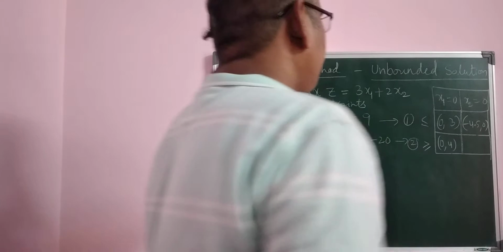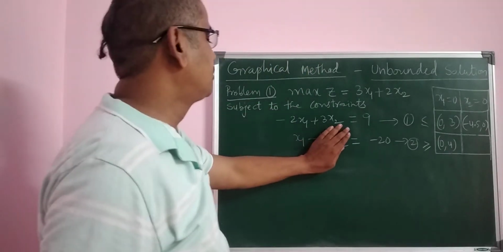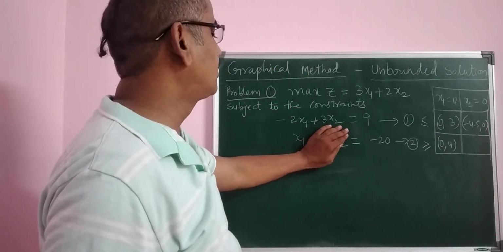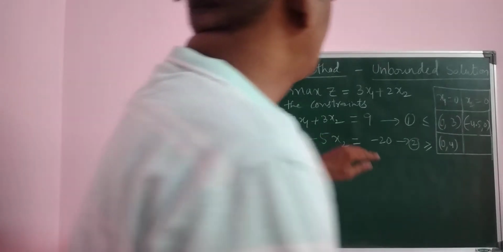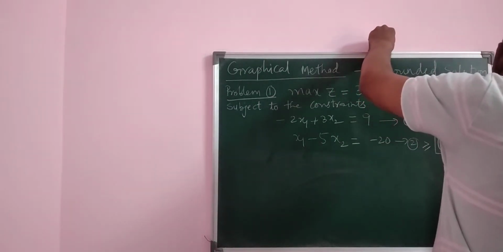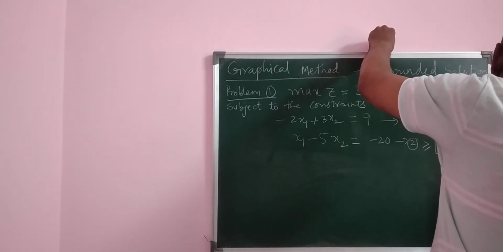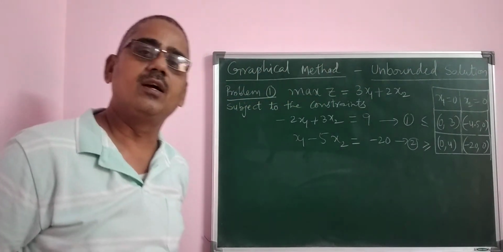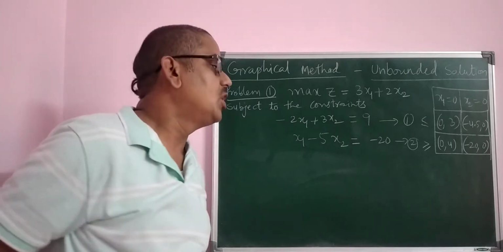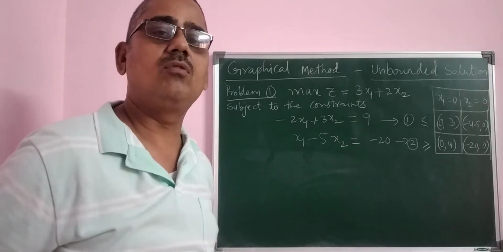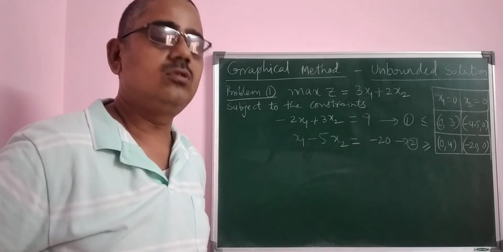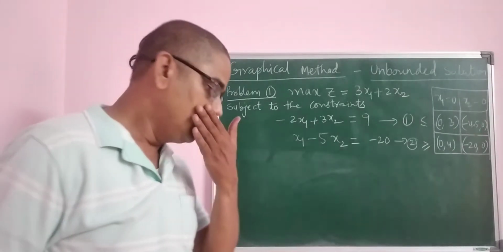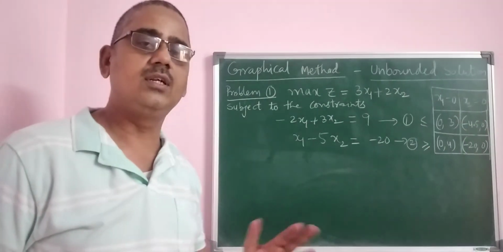And if x2 is equal to 0, then x1 is equal to minus 20, so the point is (minus 20, 0). These are the two points I have obtained for each equation. Now you have to draw the straight lines in the graph.